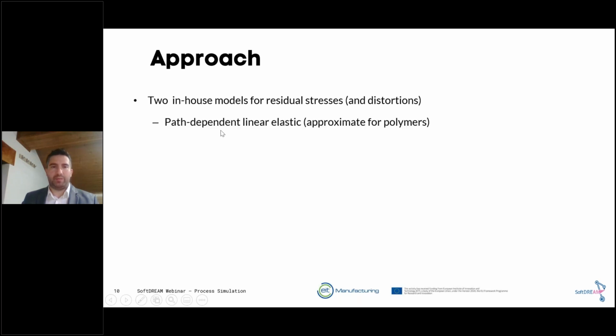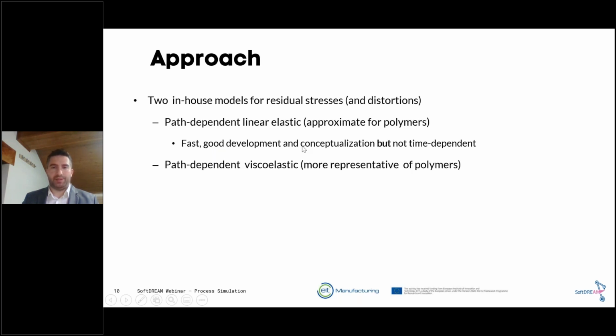One is path dependent, so the temperature will be accounted for, with a linear elastic stress simulation, and this is an approximation for polymers. The reason to use this model is that it runs fast, and therefore it's good for development and conceptualization, but it's not time dependent.